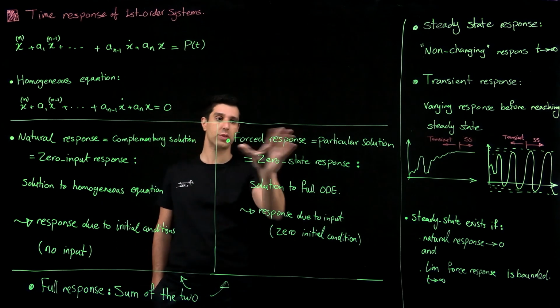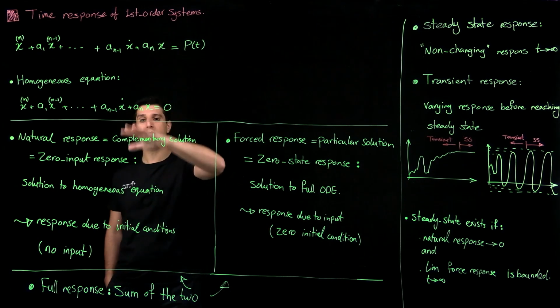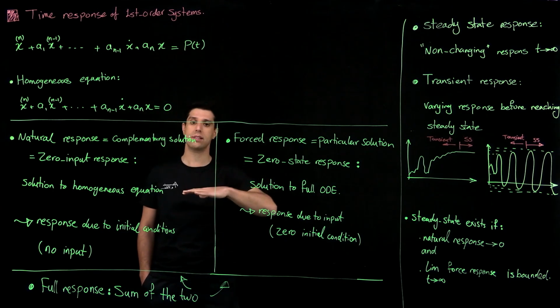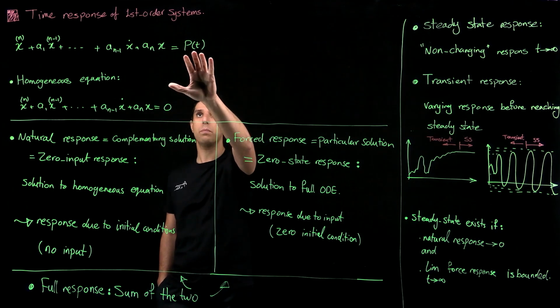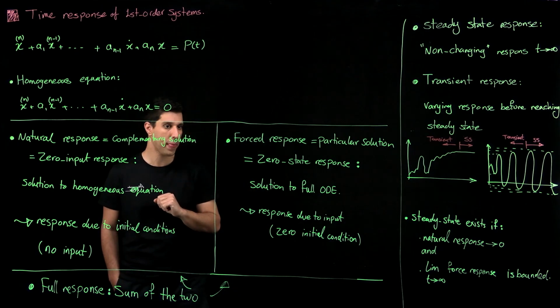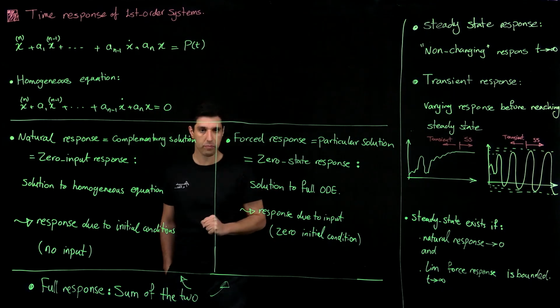So this forced response is the solution when we assume no initial state, the system is completely at rest, and it is driven by this forcing term. And all of these basically mean the same thing.